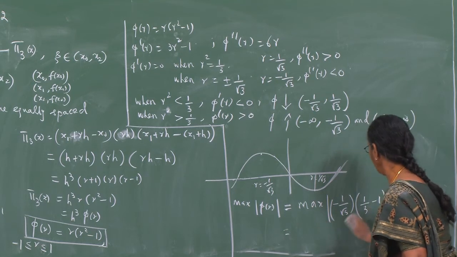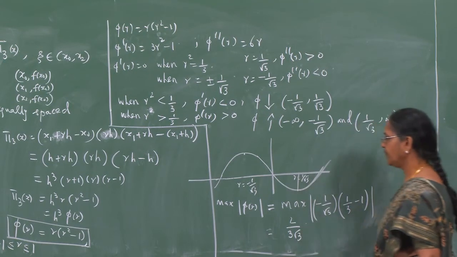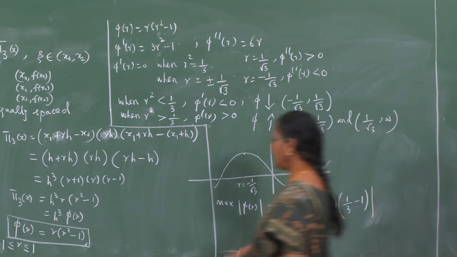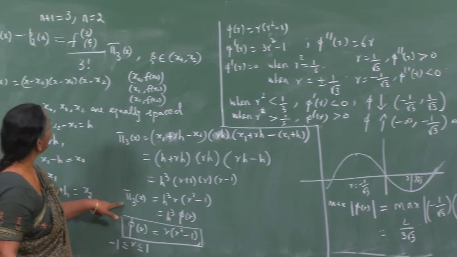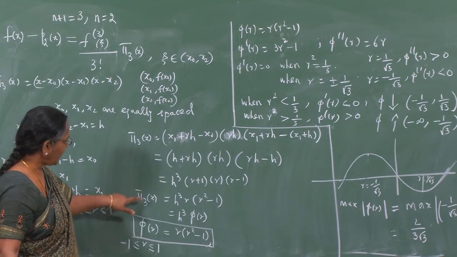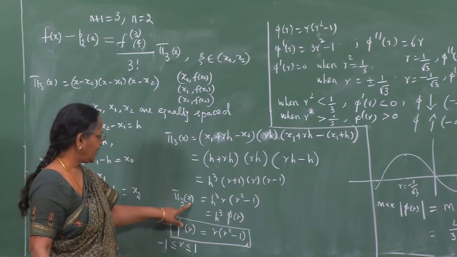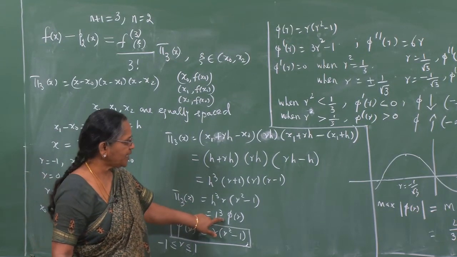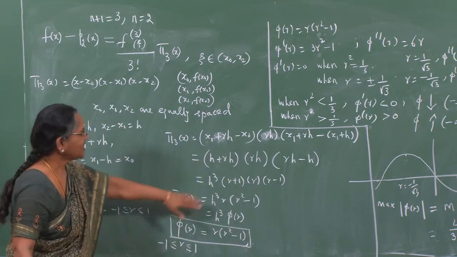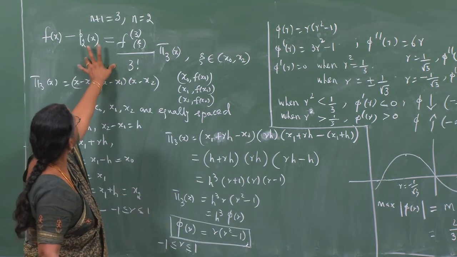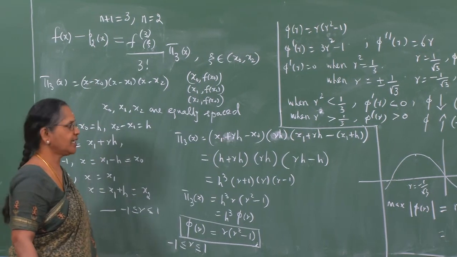So, that gives you 2 by 3 root 3. So, when I know the maximum of modulus of phi of r, I can write down the maximum of phi 3 of x when x runs between x naught and x 2. So, it is going to be h cubed into 2 by 3 root 3. So, we shall make use of this here and obtain the error bound in quadratic interpolation.